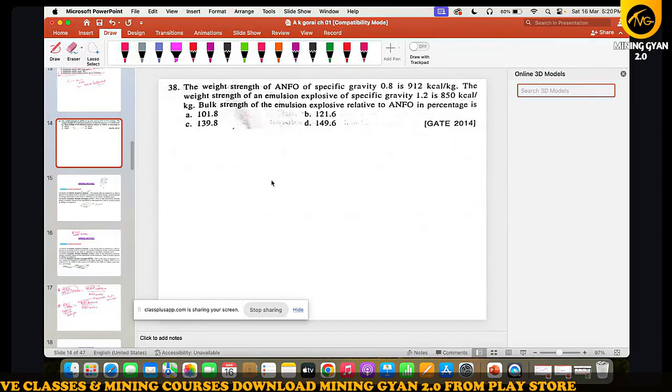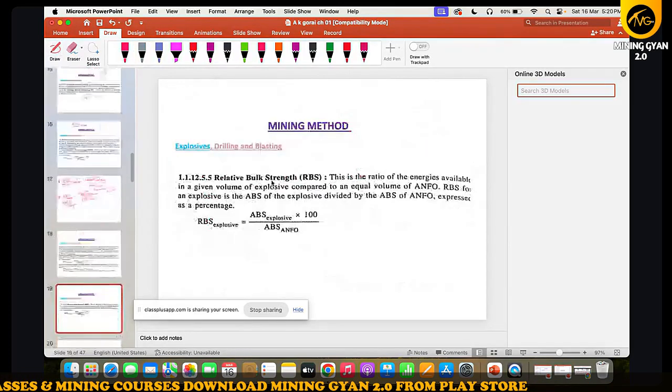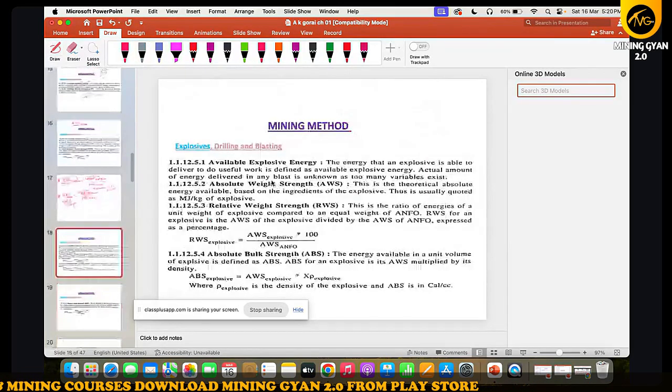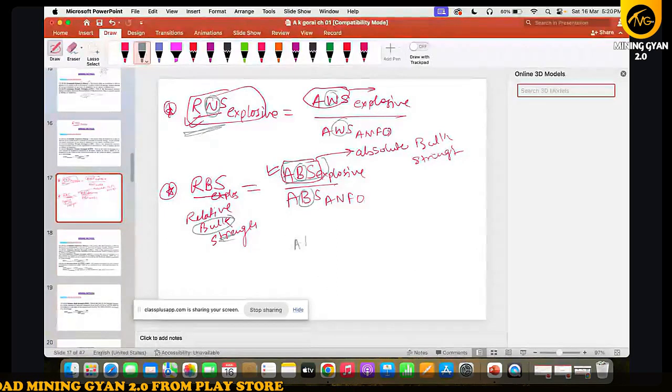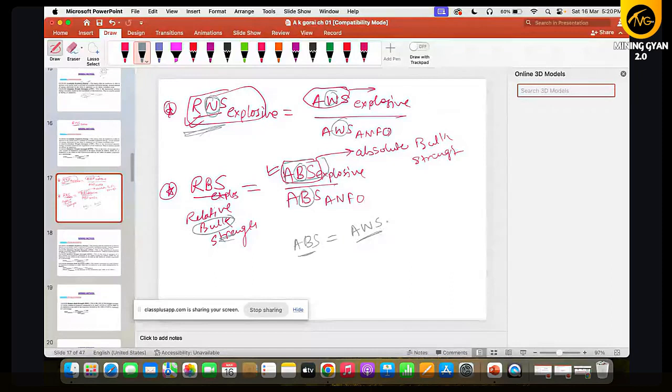वापस क्वेश्चन पे आओ. ये हो गया, ये हो गया. और एब्सोल्यूट बल्क स्ट्रेंथ होता क्या है, अगर कोई पूछ ले कि एब्सोल्यूट बल्क स्ट्रेंथ क्या होता है, तो एब्सोल्यूट बल्क स्ट्रेंथ मतलब होता है जो आपका AWS, मतलब थ्योरेटिकल एब्सोल्यूट स्ट्रेंथ की वैल्यू थी, उसको हम अगर डेंसिटी से मल्टीप्लाई कर देंगे तो ABS निकलता है.